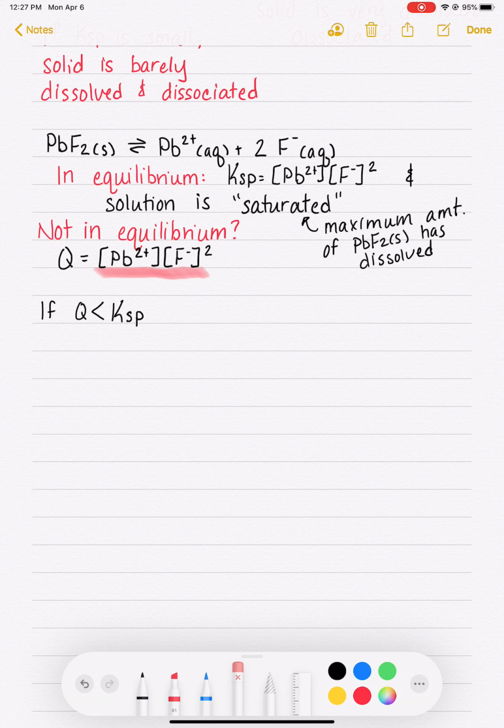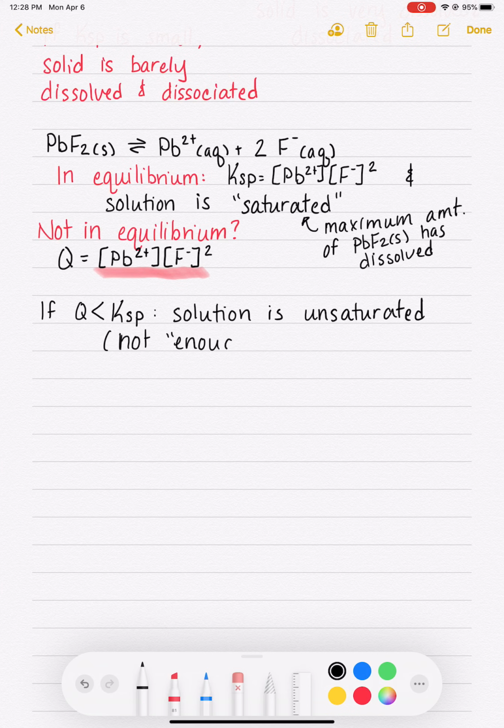This tells us that the solution is unsaturated, meaning that we have less than the maximum amount of PbF2 dissolved. We do not have enough product, and the position of equilibrium is going to need to shift to the right to help it dissolve.